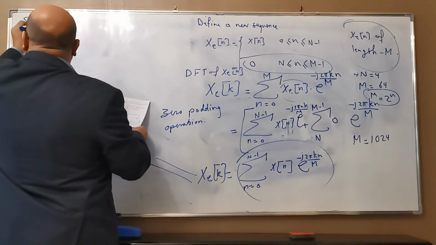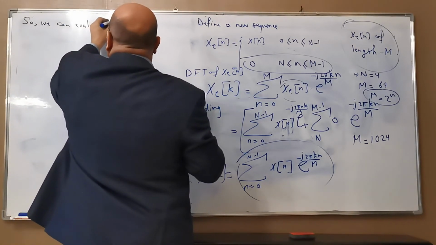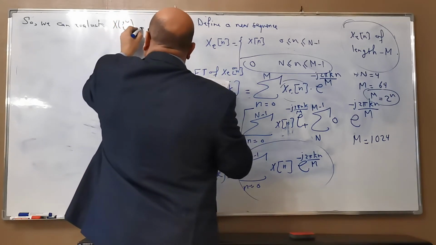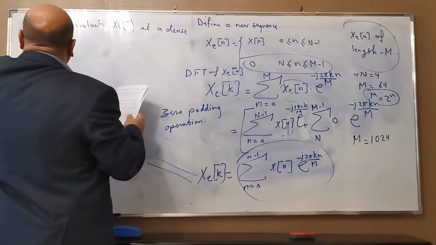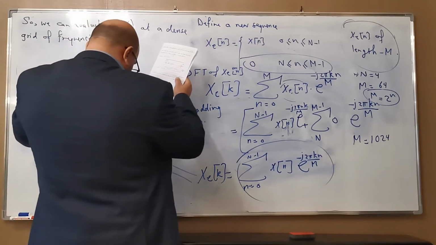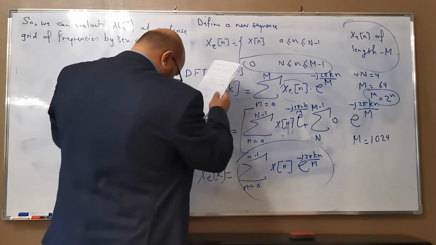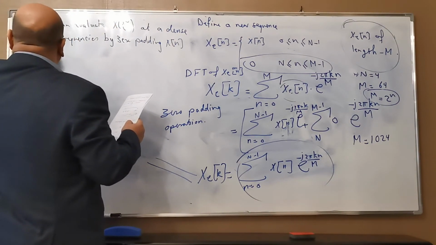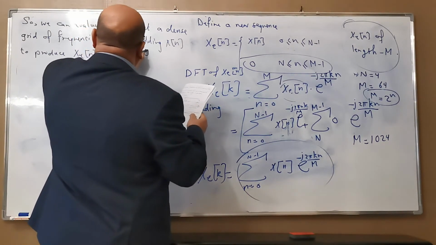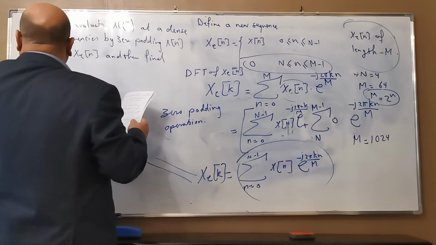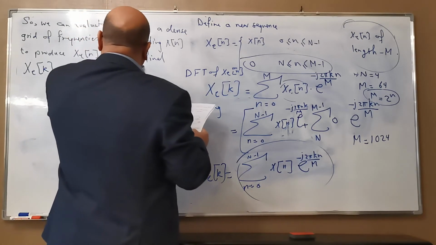We can evaluate x of e^(j omega) at a dense grid of frequencies by zero padding x of n to produce x extended of n, and then find x extended of k, which is equal to x of e^(j omega).